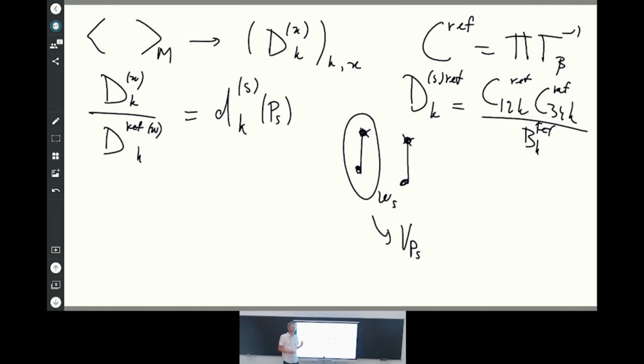But because this is a solution of shift equations, what this means is that dk of PS is dk of PS plus beta inverse.